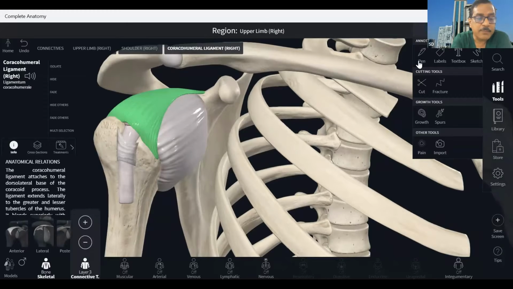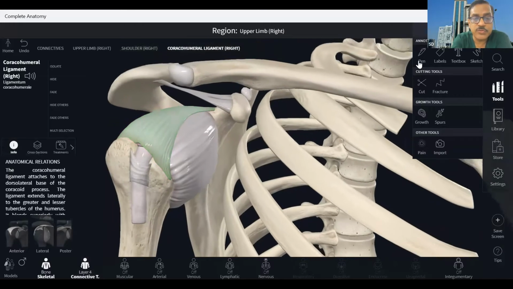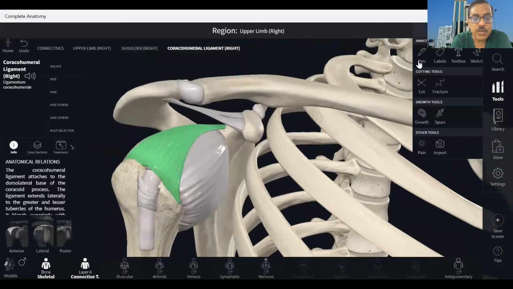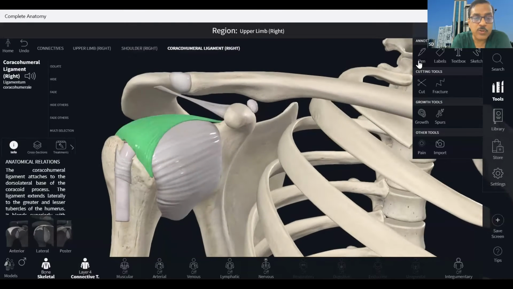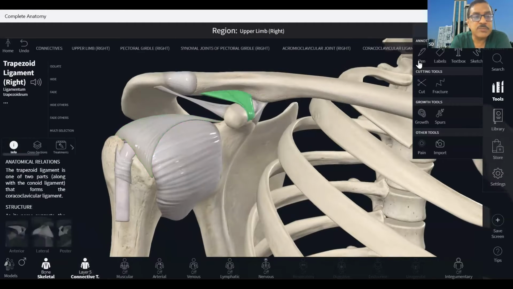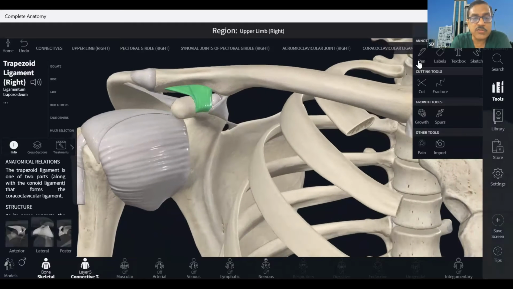And if I am adding other ligaments, I have already shown you this ligament. This was your coracoacromial ligament. Starting from the coracoid, it is going to the acromial process. And another part of the ligament I mentioned there is the coracoclavicular ligament. This part was your trapezoid part and this part was the conoid part.